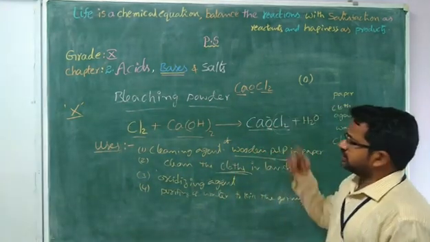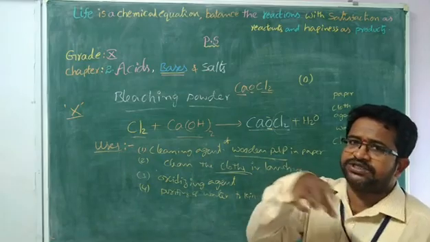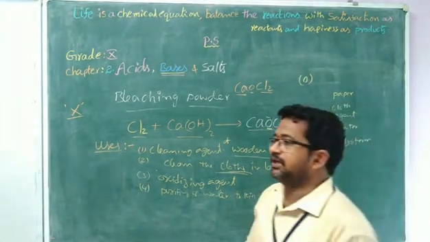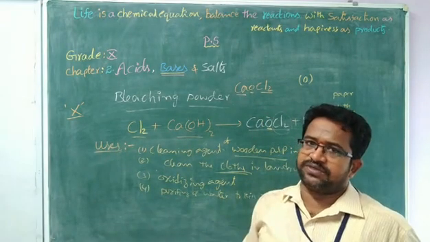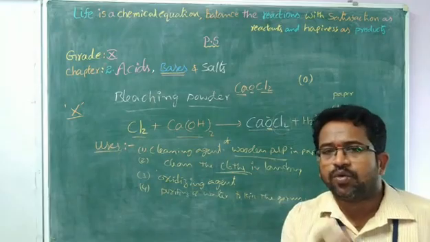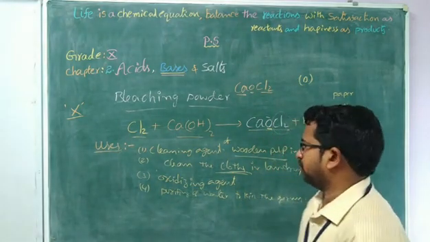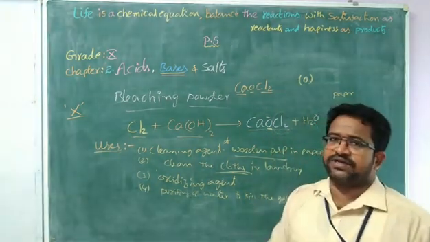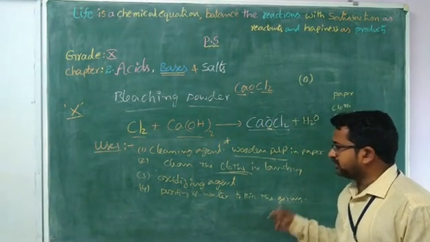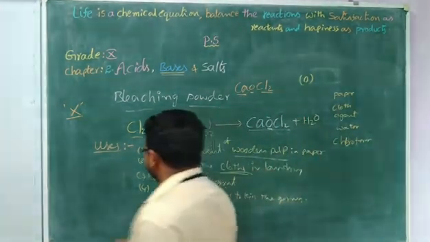So there they use calcium oxychloride, nothing but bleaching powder. When they add the bleaching powder, germs are killed, and when the germs are killed, we will be safe. So in the purification of water, we are using bleaching powder. Disinfecting of water, we call it generally. Purpose: to kill the germs.